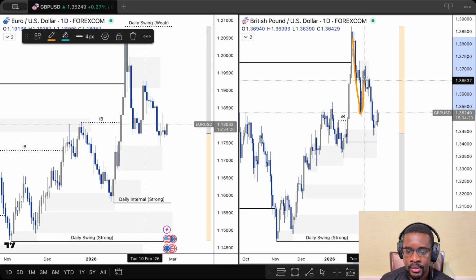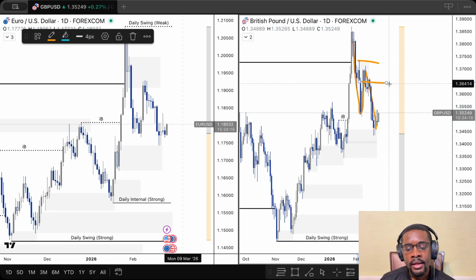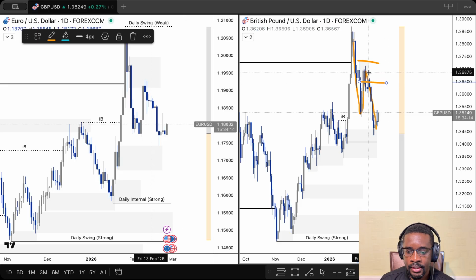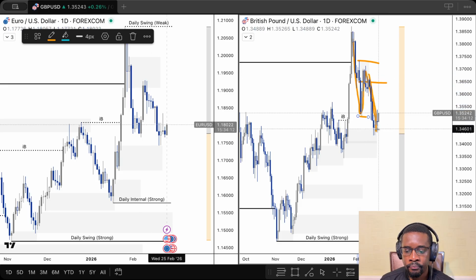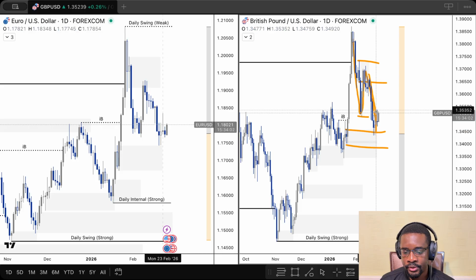So price has been in this pullback phase. We mitigated this fractal supply, and we have respected it, and we've made a lower low. Now we've pulled into this fractal demand or decisional demand as well. We've mitigated, and we have a bit of a reaction.